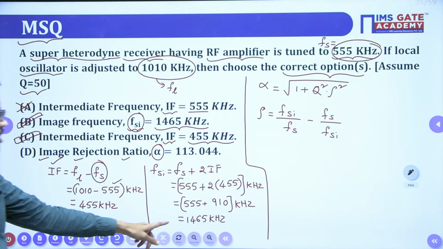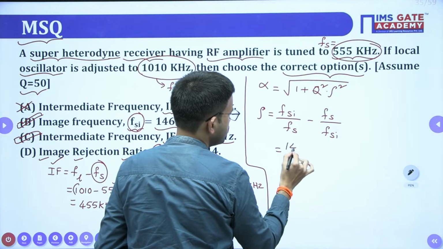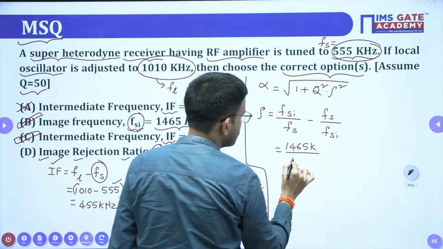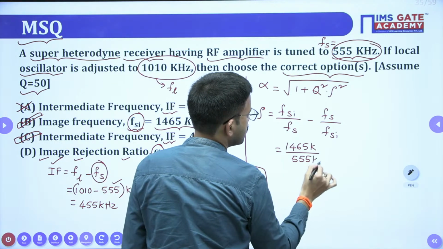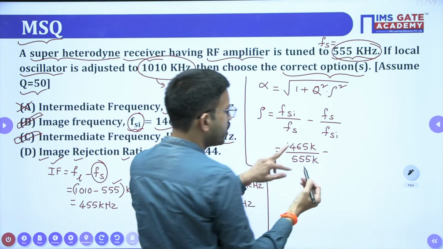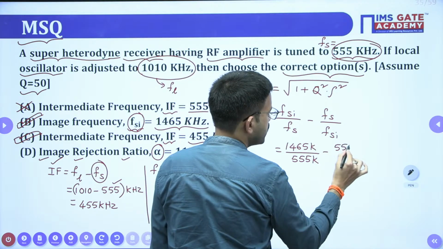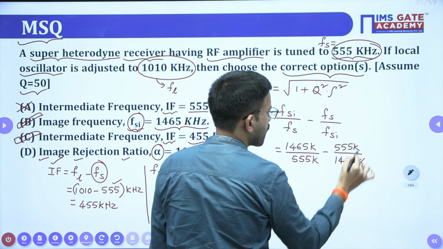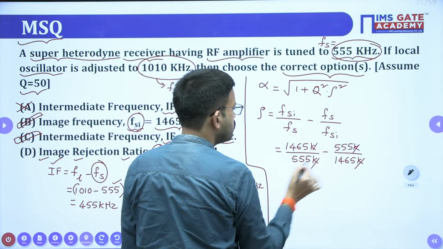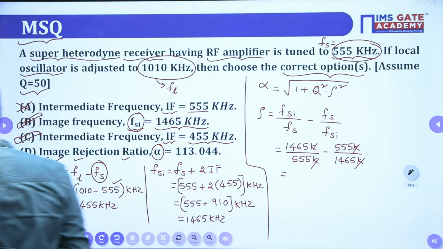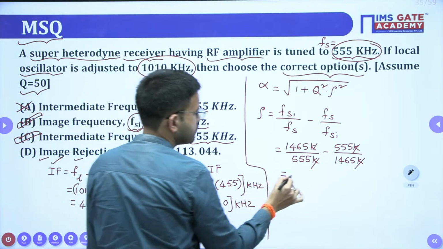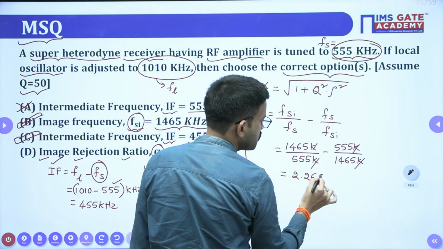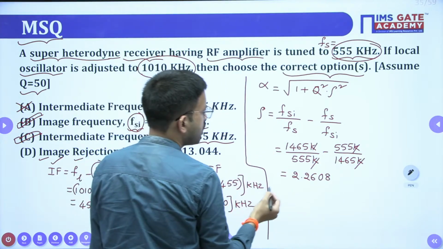So here FSI value just now we got, that is 1465 kHz, divided by signal frequency they have given 555 kHz, minus, just you have to make opposite, 555k divided by 1465k. So k will get cancelled. If you do the simplification, rho value you will get 2.2608.